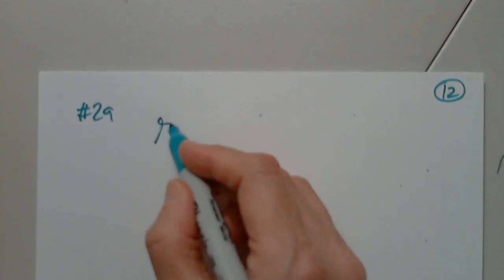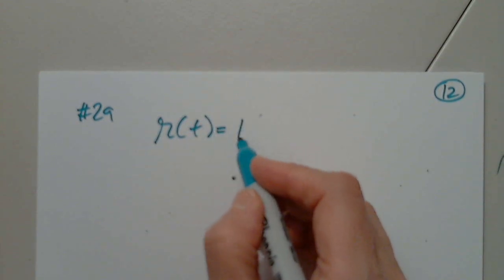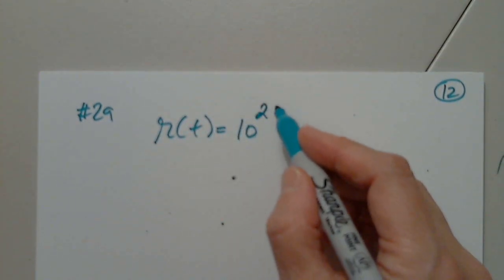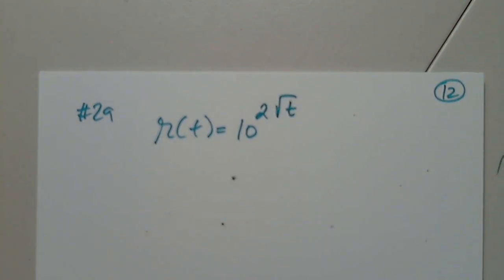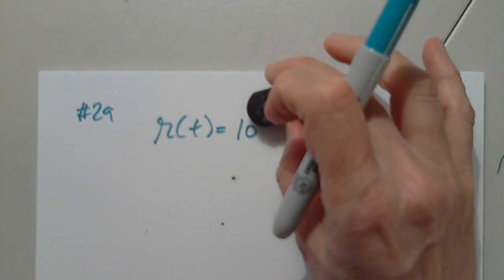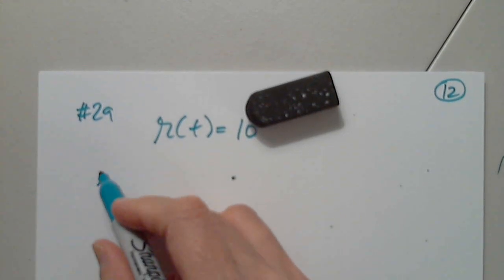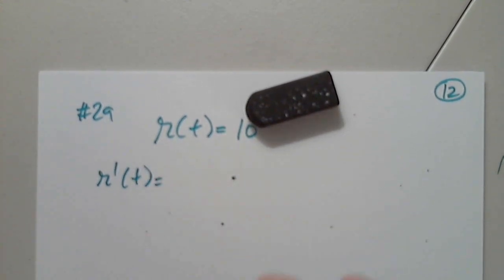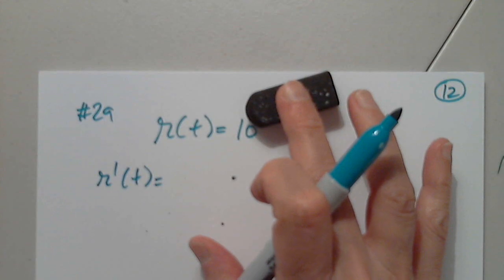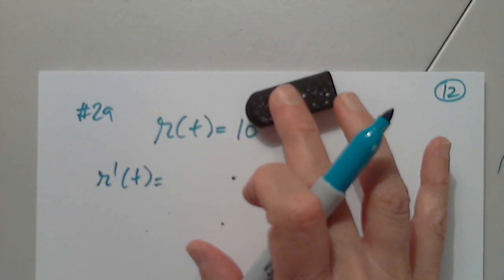In 29, we have r of t equals 10 raised to the power 2 the square root of t. Perfect. So when we differentiate this, here's how I look at it. r prime is 10 to something, 10 to a function.